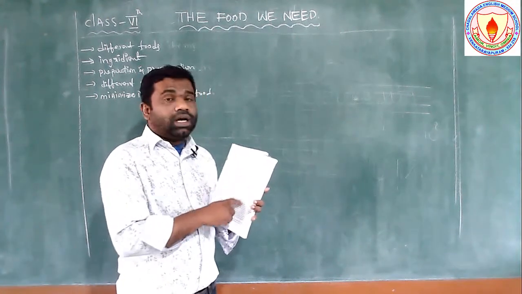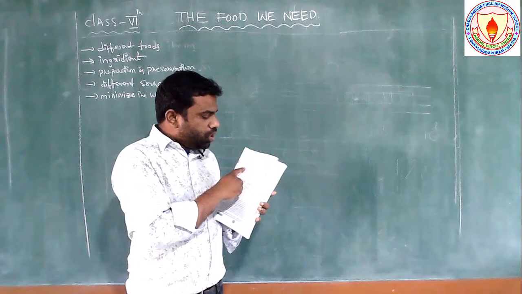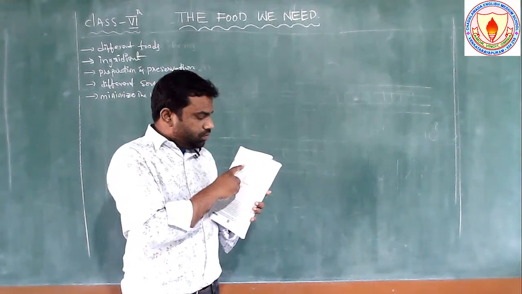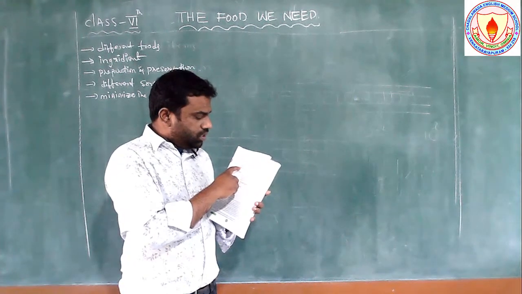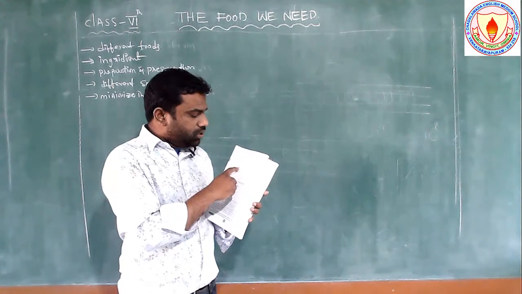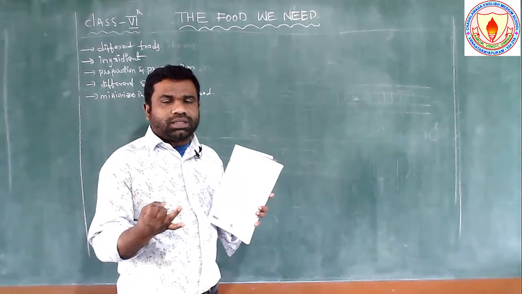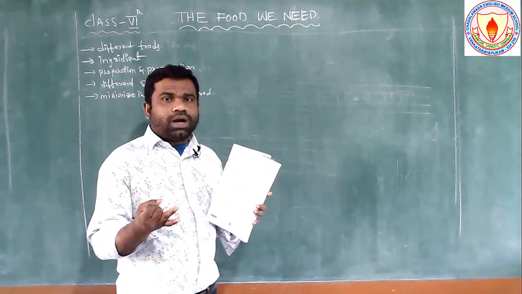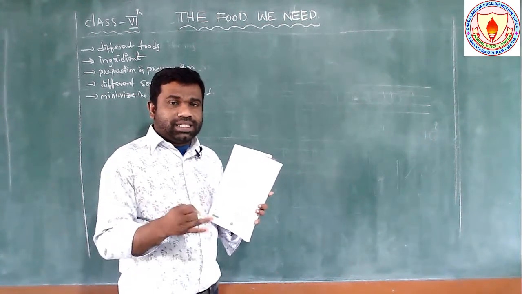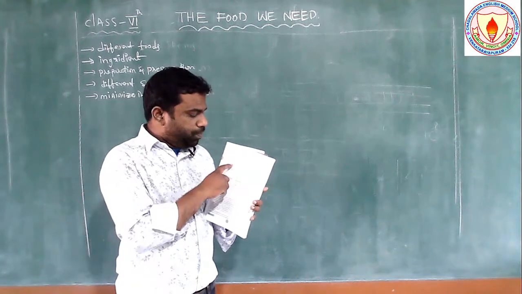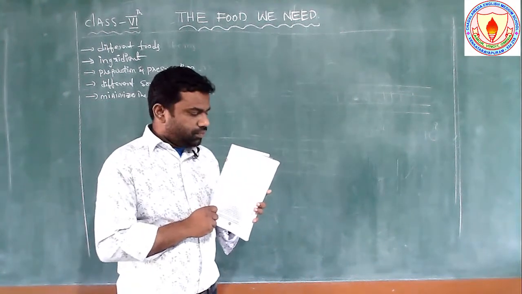For example, cooked rice. The food item is cooked rice. The ingredients to prepare the cooked rice are raw rice and water. So where do we take rice from? From plants, crops. Yes or no?